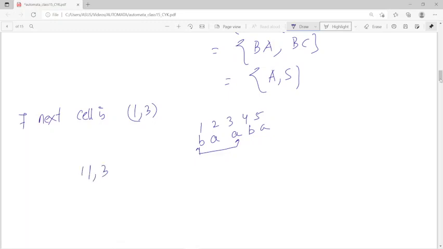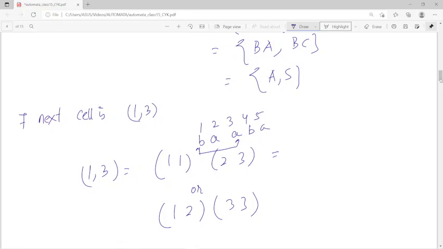So if this is 1 and 3, that is 1 1 and 2 3, or you can say 1 2 then 3 3. We can write it this way. Because we have got the previous values, we can write 1 1 with 2 3, or 1 2 then 3 3.